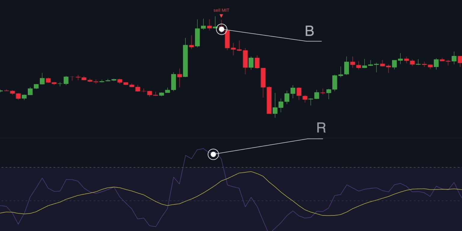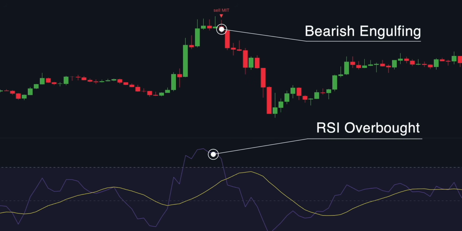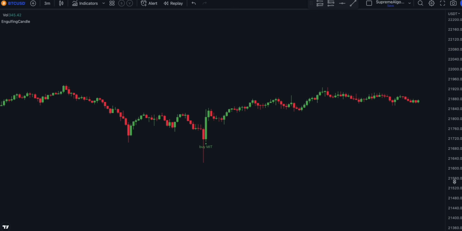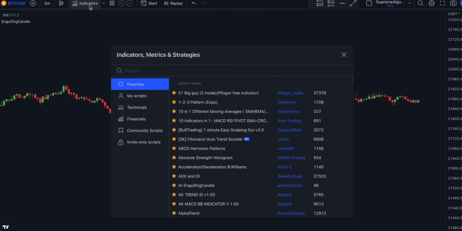Hence, a bearish engulfing candle is shown only if it happens to be in place when the RSI is overbought. However, since the indicator is AI-based, it learns from its previous performance and attempts to improve the quality of the signals. Even though this script can be really accurate at times, we shouldn't always blindly follow its signals. That's why we need to add some extra confirmations before we can consider these signals as valid.